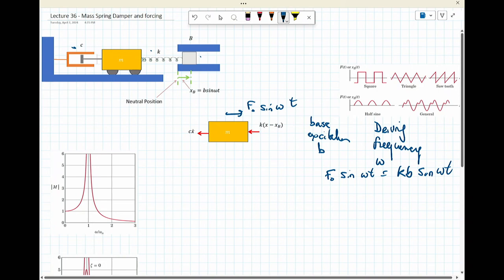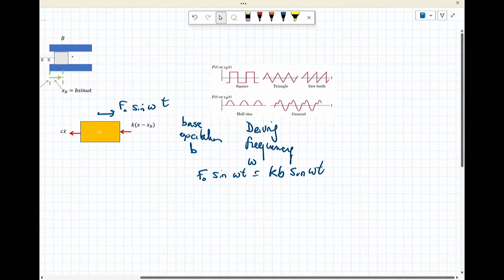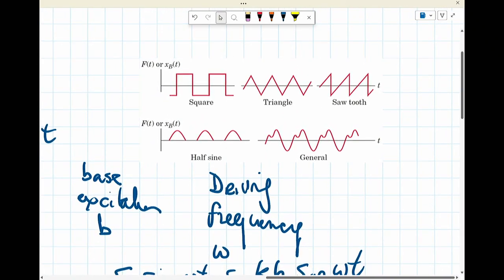So I'm adding a displacement to the system. I'm moving things around and things are happening. How that displacement can occur is any number of different ways, and I think this is from this text. But square waves, triangle, sawtooth. For example, in my research group, we're looking at burst modulation, and we're using square waves to drive MEMS-based devices as an aerodynamic control device.